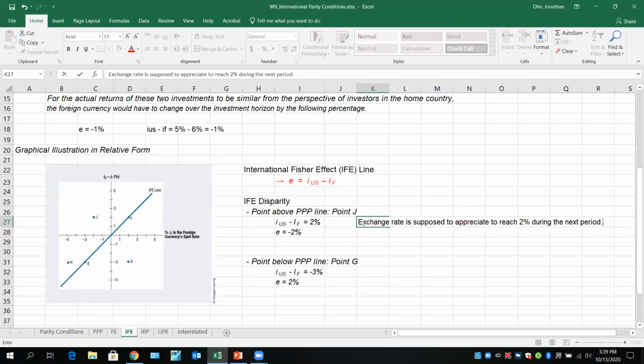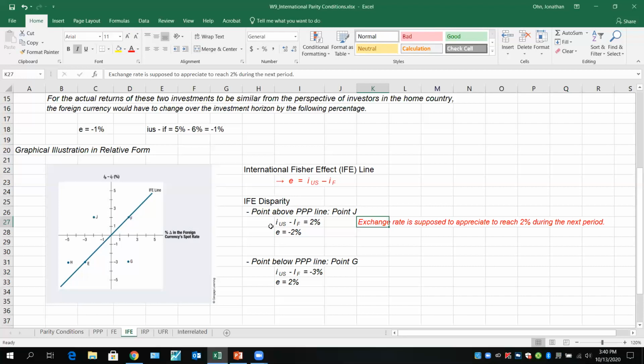That is what you expect to happen to the exchange rate E. It will continue to appreciate to reach 2% appreciation in the next period, until it hits F, probably.